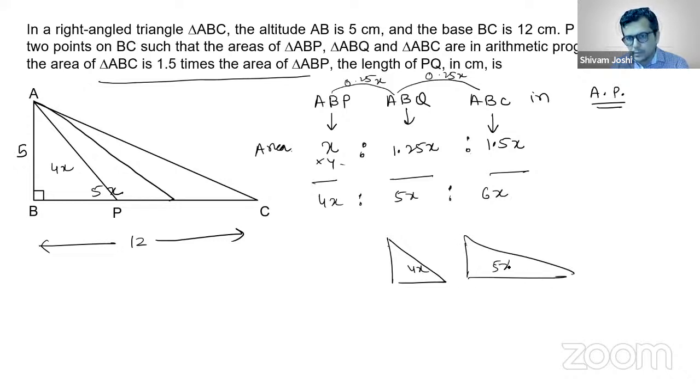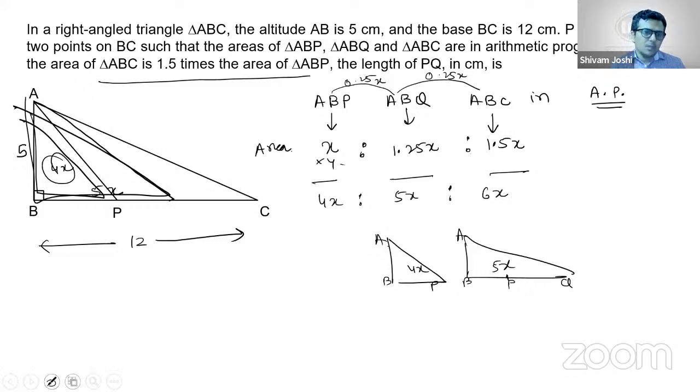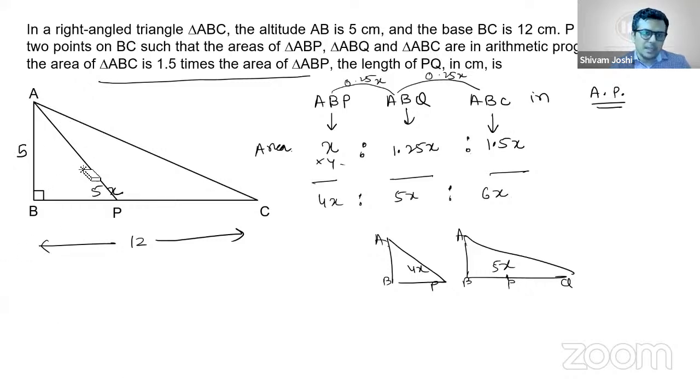Then this is 5X. So this is ABP and this is ABP and then Q, right? So 4X is part of the 5X. I hope you understand that, correct? 4X is a part of this 5X because 4X is only this much and 5X is this much, correct?